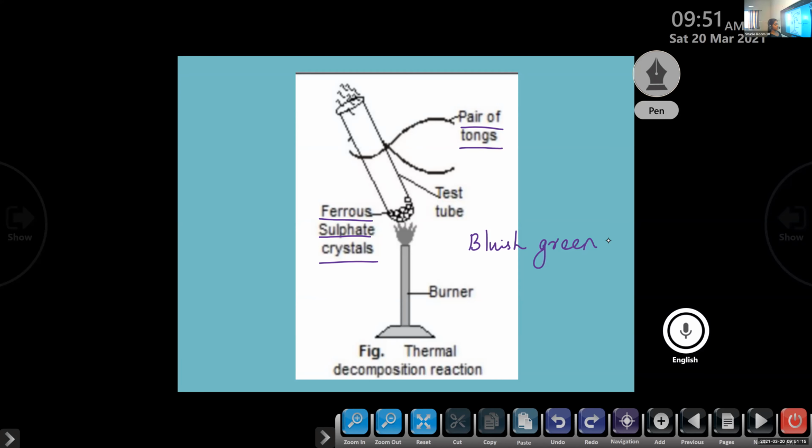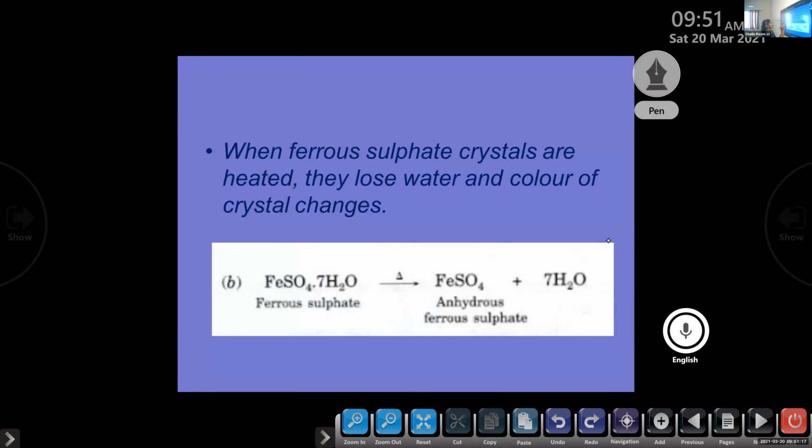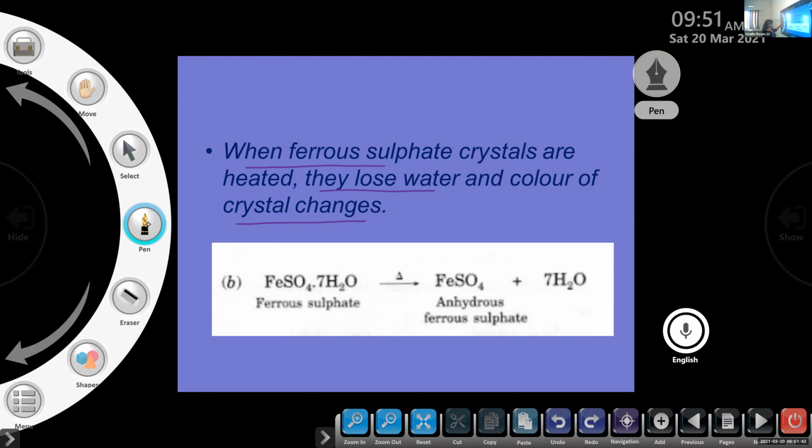And after some time, when the ferrous sulfate crystals are heated, they lose water and the color of the crystal changes. I told you it's bluish green in color. So after some time, what happens? It loses its water molecules from the compound, and the color of the crystal changes. So this is the reaction that takes place. I will write it once again, just wait.